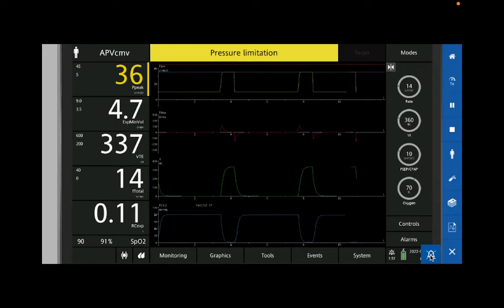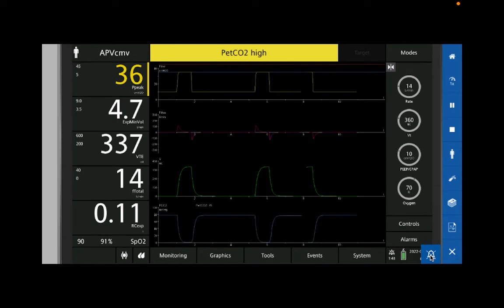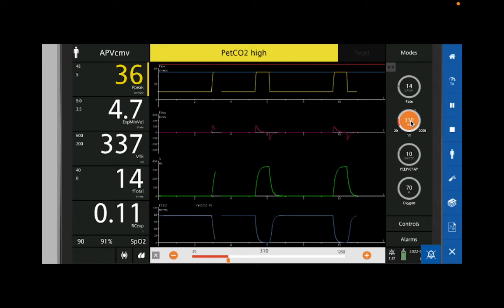What did we say tidal volume should be? 4 to 6. So 60 kilos, what do we go to? 5. We go to 300 mils, right? 60 times 5? 300.